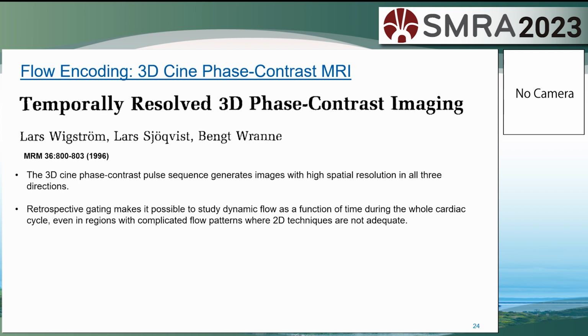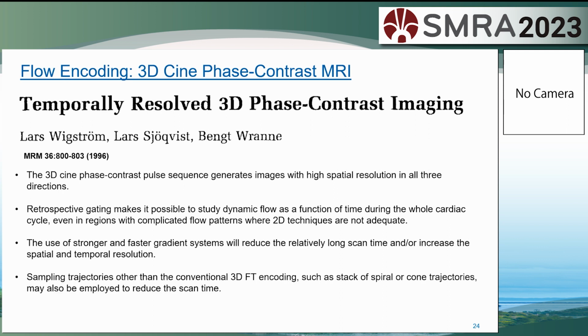However, some things haven't been solved yet. In 1996, Wigström showed how to actually do the temporal resolution of a 3D phase contrast imaging sequence. So he didn't only do 3-directional, but now also 3-dimensional, and he did this in a time-resolved manner.